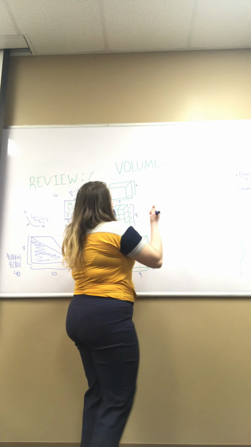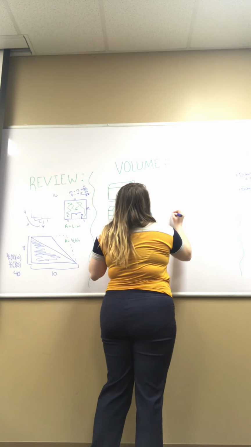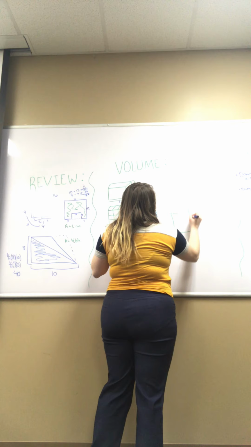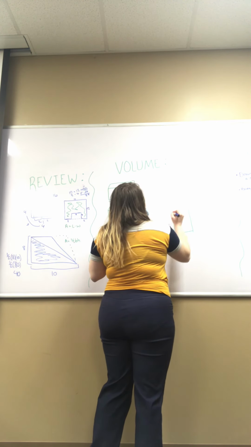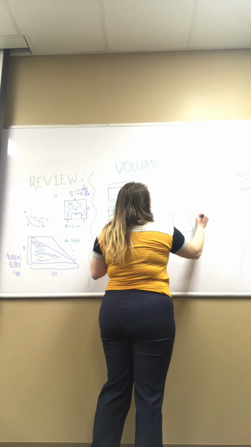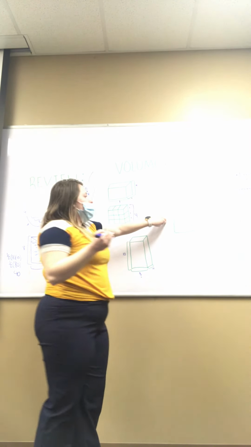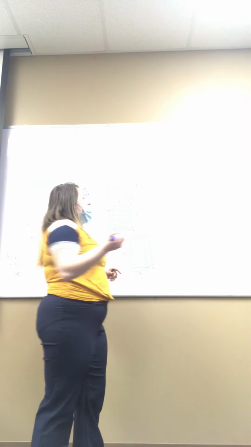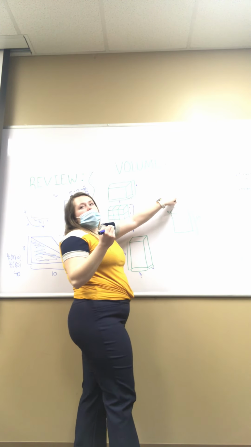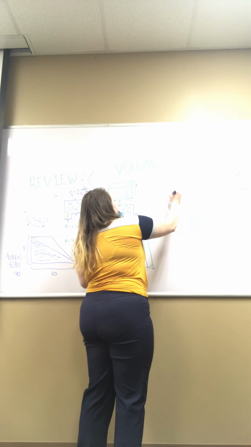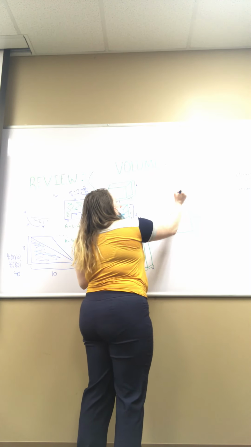All right, let's do a cylinder quick. We'll make this 4. Make this 10. How do we find this? What's the formula for it? V equals, am I putting a lowercase or an uppercase B? Good, uppercase B, and H, good.